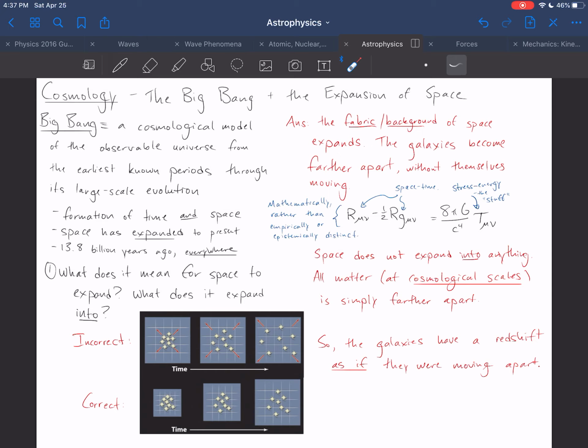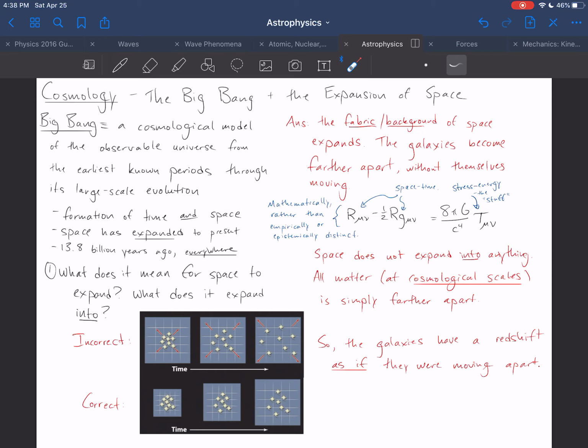And so, although we're slightly more comfortable with space beginning at a certain point in time, usually it bothers us more that time would as well. But we just bite the bullet and say, where did the Big Bang come from? I don't know. Physics does not offer a causal explanation to that.